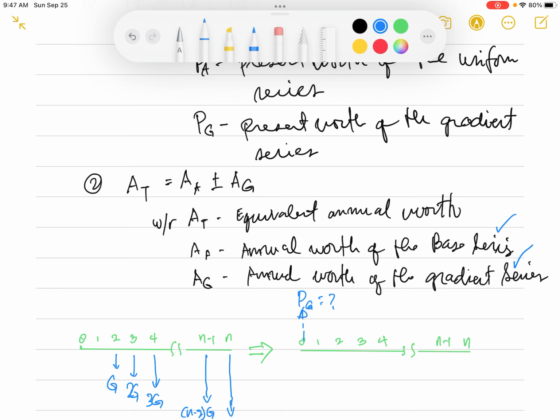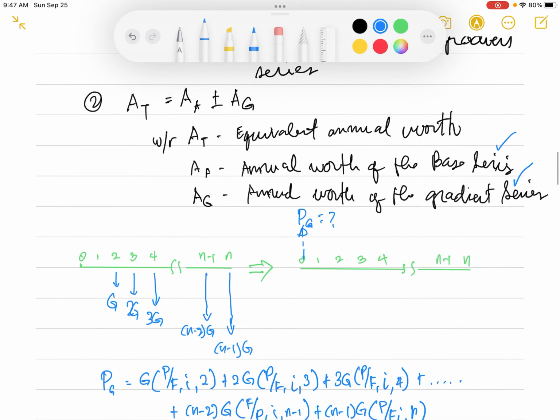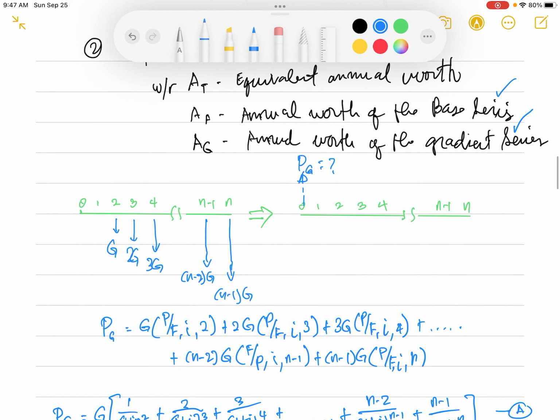So that's basically how you combine the effects or the worth of each component. We can show that by showing the equivalent cash flow diagram here below.